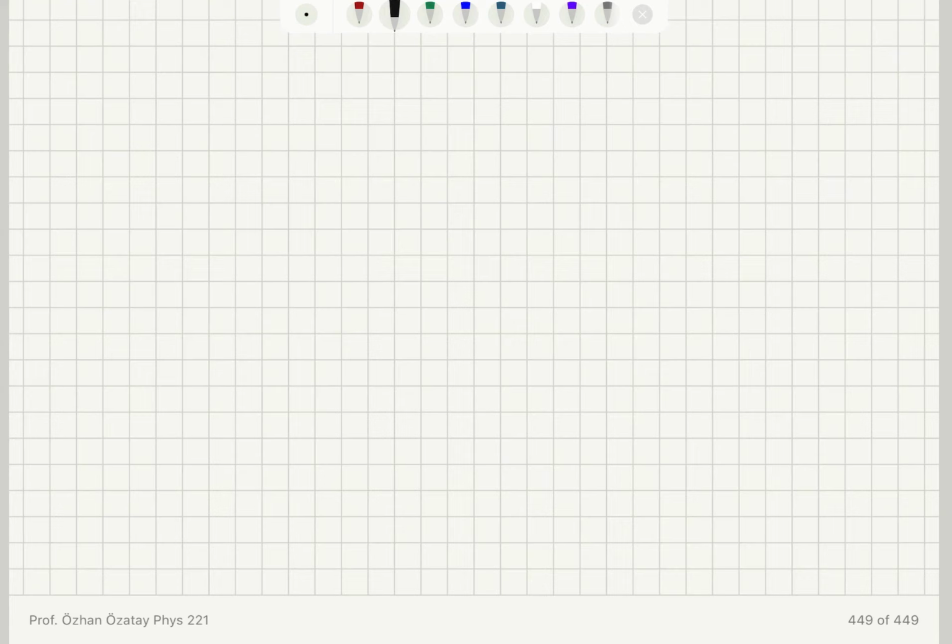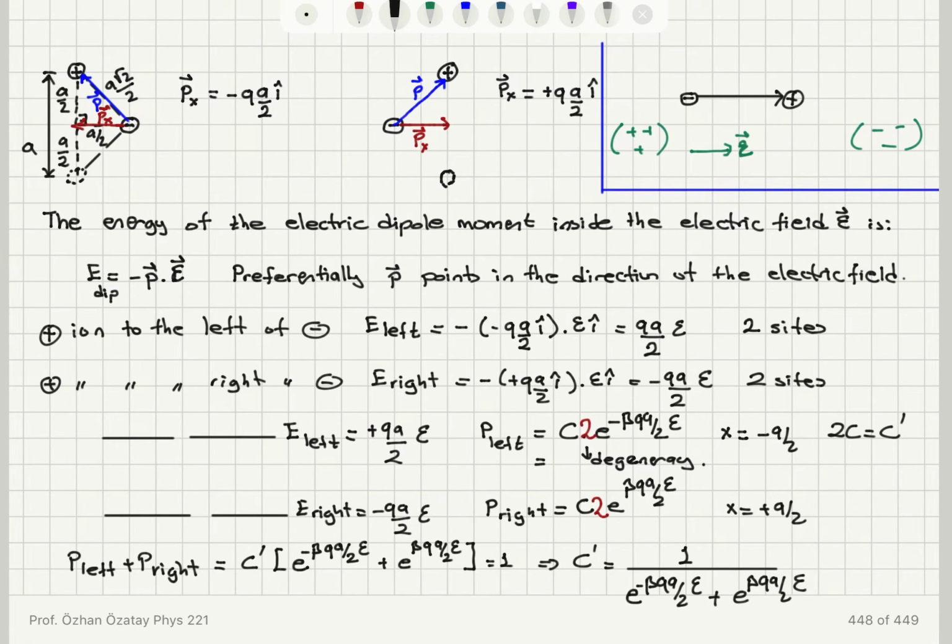Okay, so let's calculate the mean position, x component, of the positively charged ion. That would be equal to x bar. Now, the probability p left is for x equal to minus a over 2.